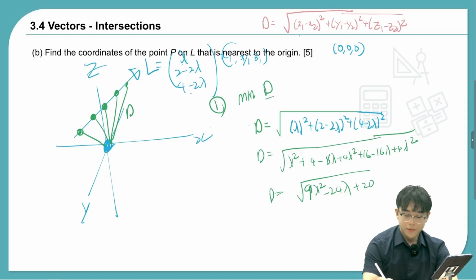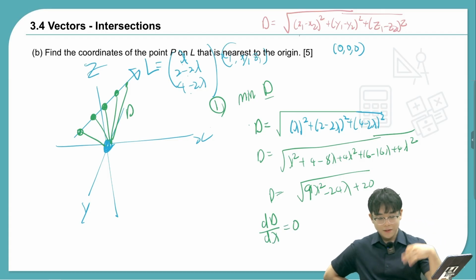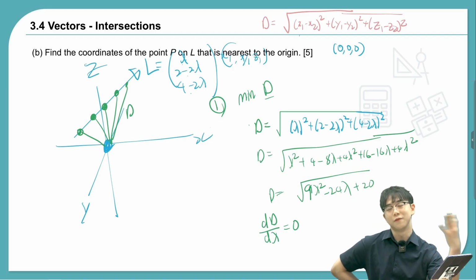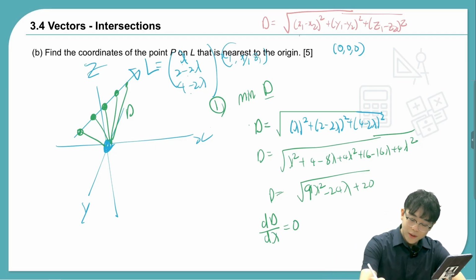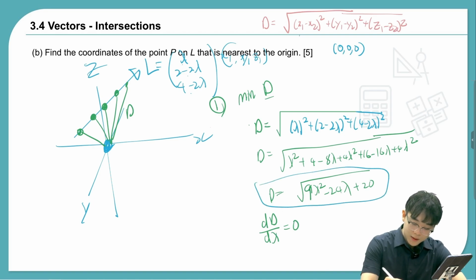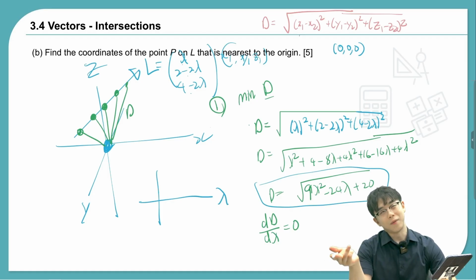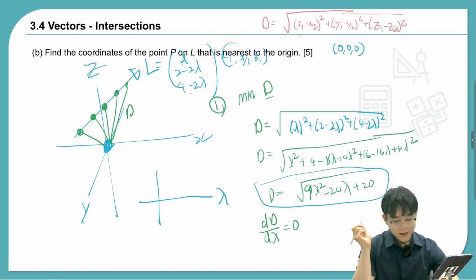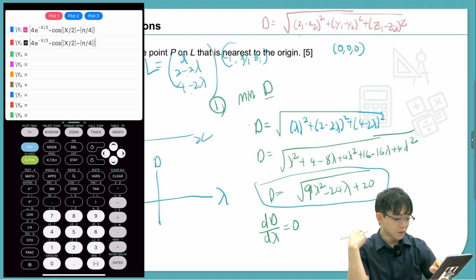So what we want to do is we want to do dd over d lambda is 0. So lambda changes and it affects d. So if you find dd over d lambda, so the rate of change of d with respect to lambda, that means d would be either a maximum or minimum point, or you could just graph this onto your calculator. So for a certain value of lambda, that's going to decide our point on L, right? And that's going to give me the distance d. So I could just find the minimum value straight off.